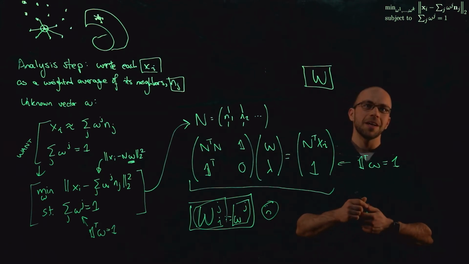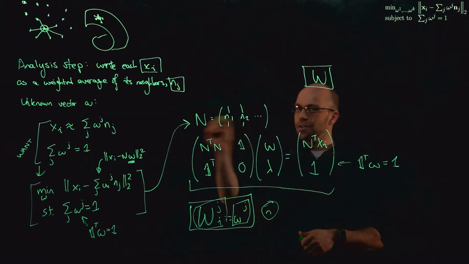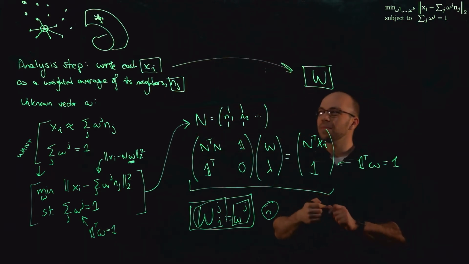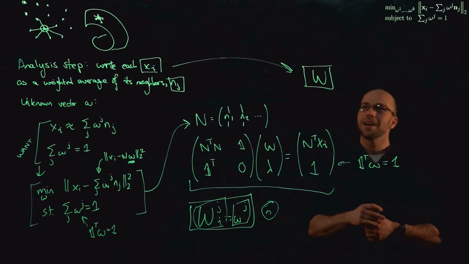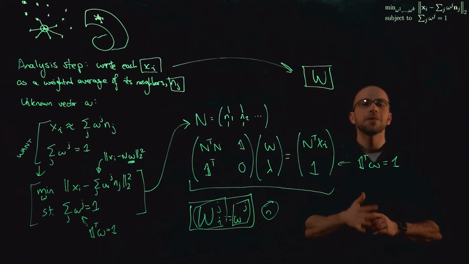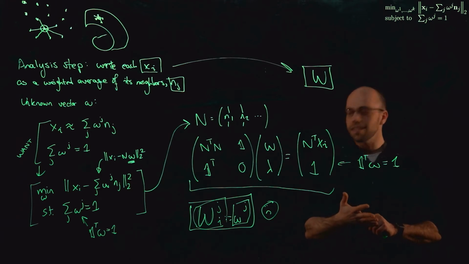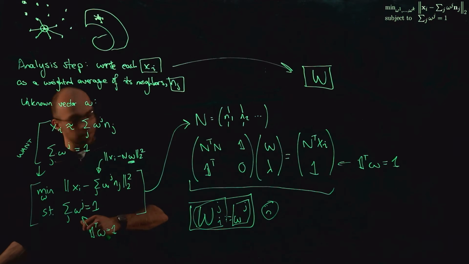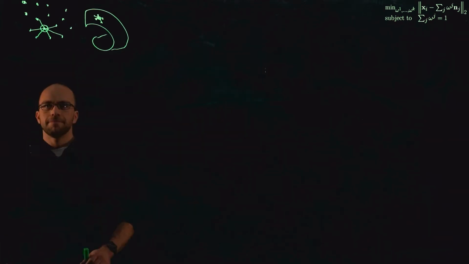Okay, so anyway, that's the whole point. We can ignore everything on the bottom of our board here and say, okay, the analysis step iterates over every xi and does so to construct this weight matrix W. So the next step that we need is the synthesis step, or the embedding step. So let me erase the board so we have some space, and then we'll derive that.